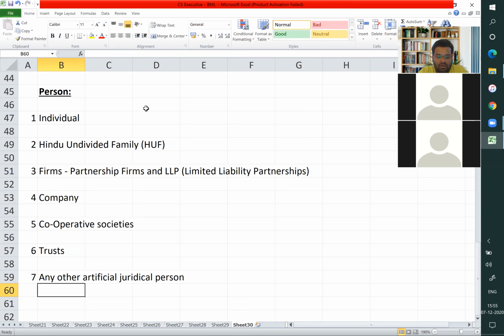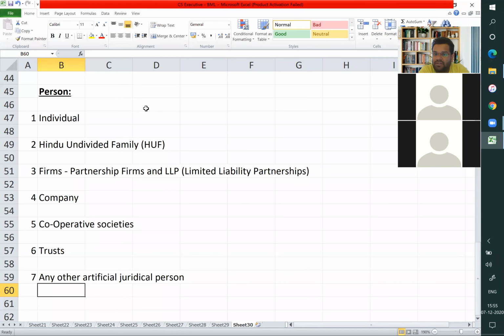Your city's corporation, is it also a person? Absolutely yes. The trust which is managing Tirupati Devasthan, is it also a trust? Is it a person? Will it be exposed to tax? In short, every person who is liable to pay tax will be assessee.